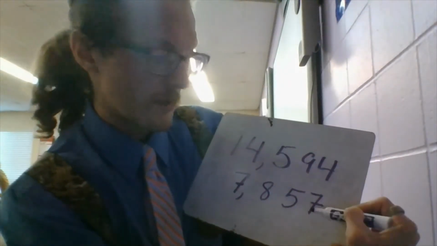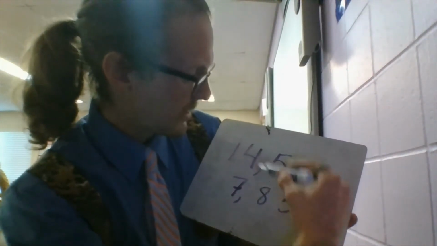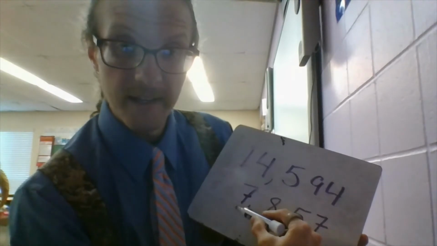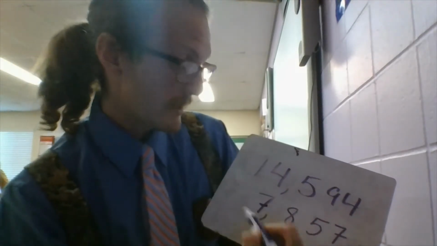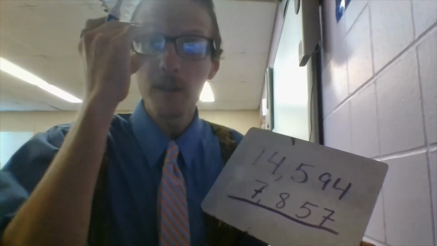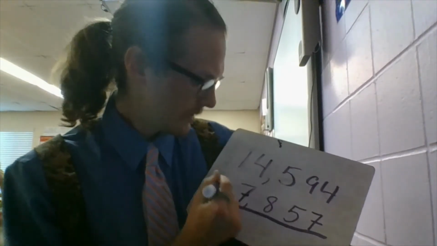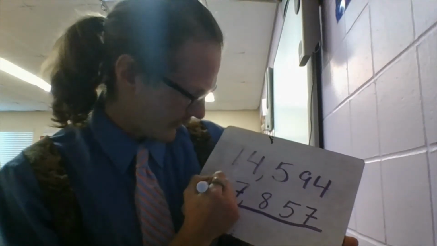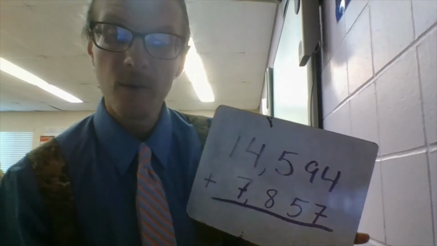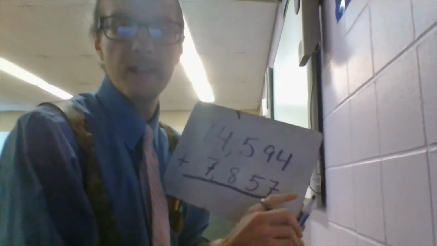So my ones are lined up, my tens are lined up, my hundreds are lined up, my thousands are lined up, and I have my 10,000s lined up. It wants how many roses all together, combined, pink and red. So when we are asking for all together, we're adding. Starting in the ones place. Why? Because that's what you do.